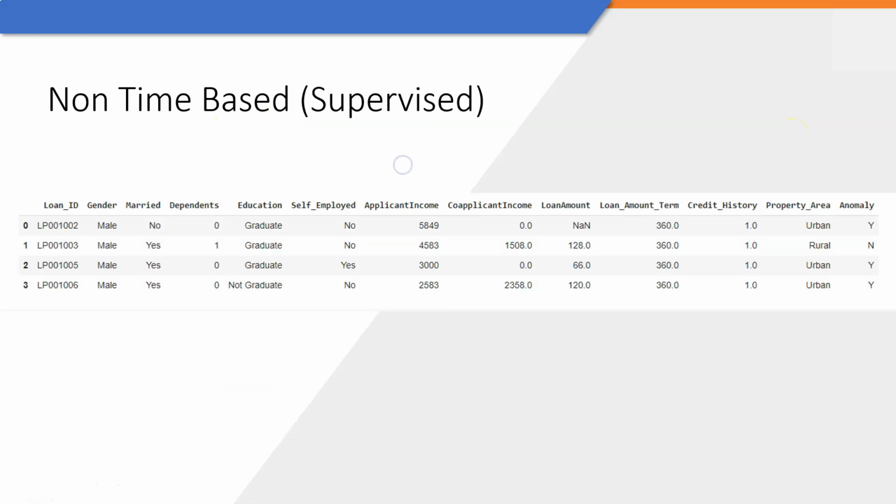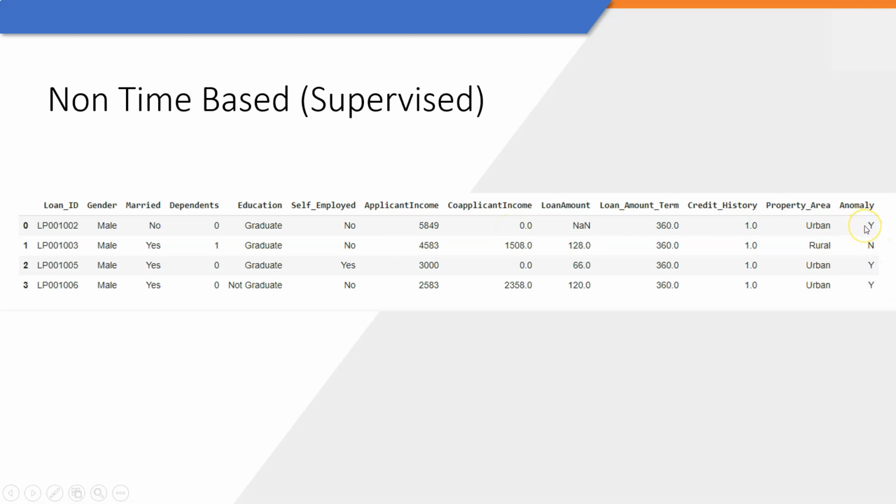Okay, this one is a supervised data set and it is a non-time based data set. If you see here, this is from banking area. Okay, and references to anomaly is there, whether the individual is going to default or not. Okay, so that is an anomaly, right?